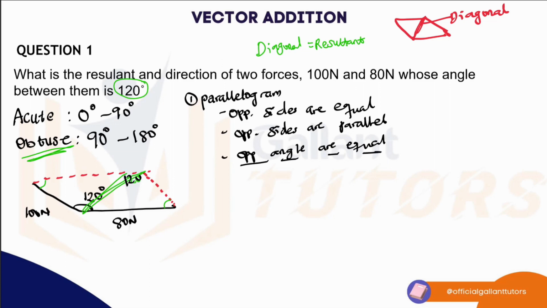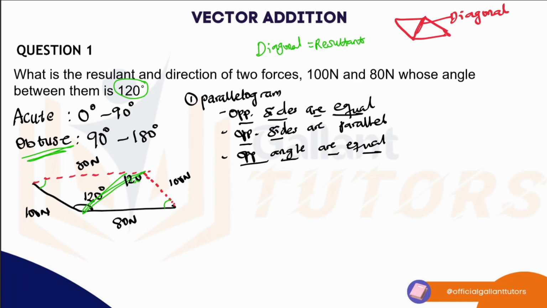Opposite angles are equal. If here is 100 Newton, here will also be 100 Newton. Opposite sides are equal. Here also will be 80 Newton.